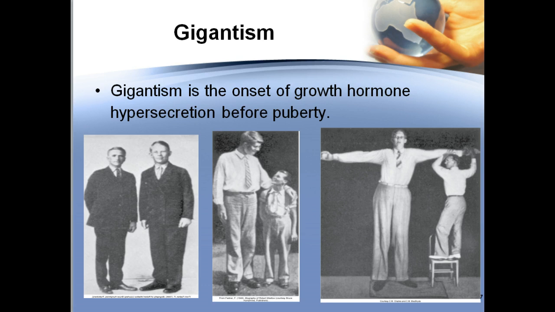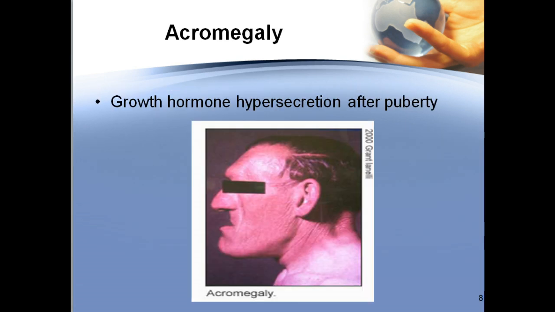If you think about it like that, this is what they call acromegaly. Remember, when you were doing the physical examination, you're trying to find out whether or not the person has prominent bone structures and different things like that as a result. These are the type of things that you're looking for.